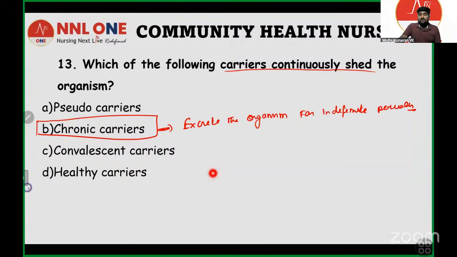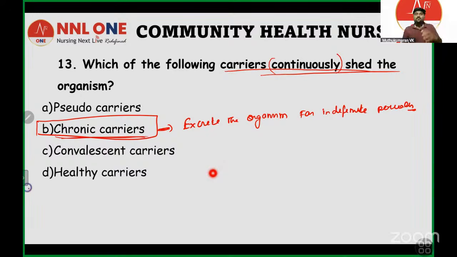For example, hepatitis B, where the viral load and titer count will be monitored, and malaria also. They will recover, actually. They will be affected and symptoms are exhibited. They will recover, but they will keep on transmitting the disease, not in the recovery phase, for a long period of time. Then we name it chronic carrier. So that continuous shed of organism is called chronic carriers.